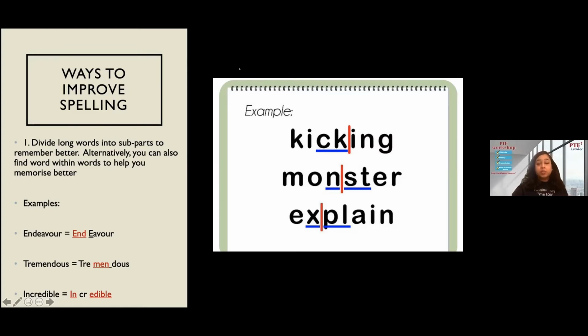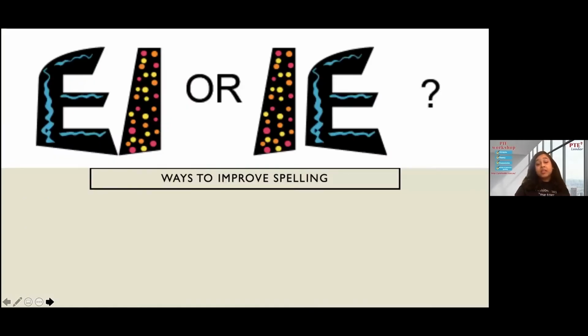All right, let's proceed further with our spelling rules. Now, this one is a never-ending confusion for most English speakers and learners as well. Most of the words in English have these two letters, EI or IE. And we become really confused about which is the right one.